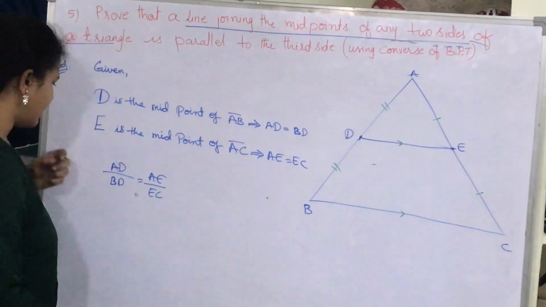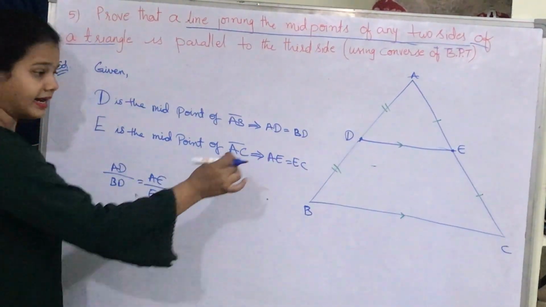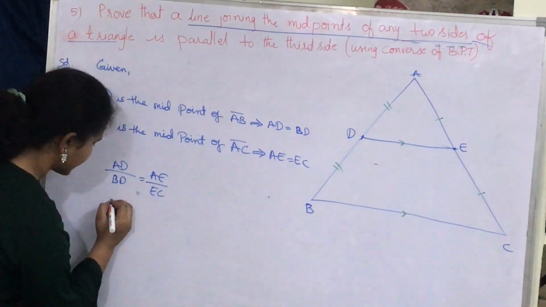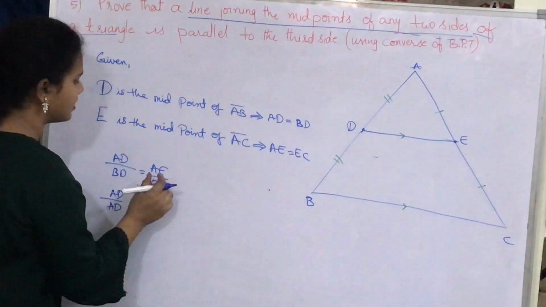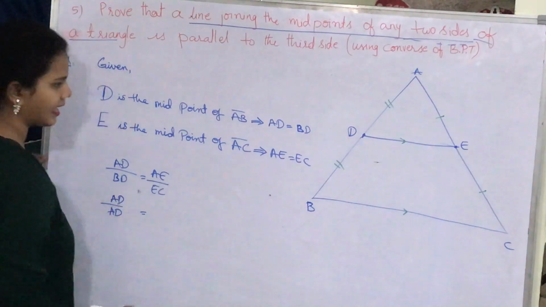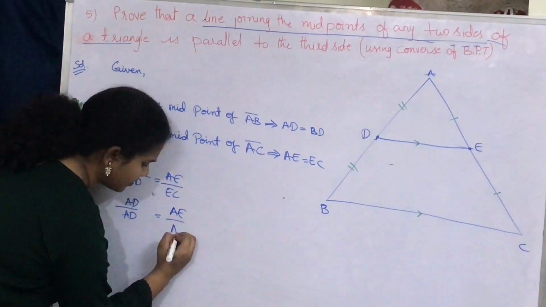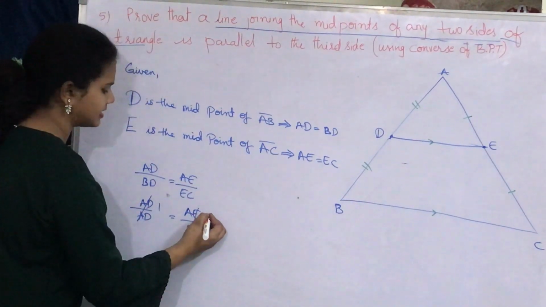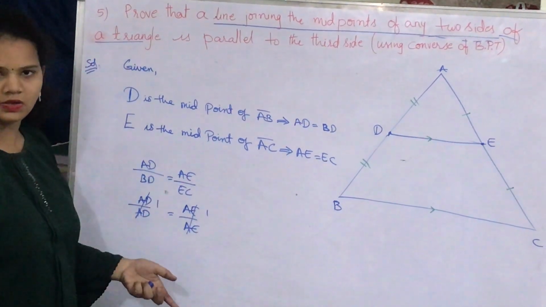Now, instead of BD, can I place AD over here, where AD equals BD, right? So I can write AD by AD equals, here you have AE by EC. Instead of EC, can I place AE, because AE equals EC, so I can write AE by AE. So AD by AD equals 1 and AE by AE gives 1, right?